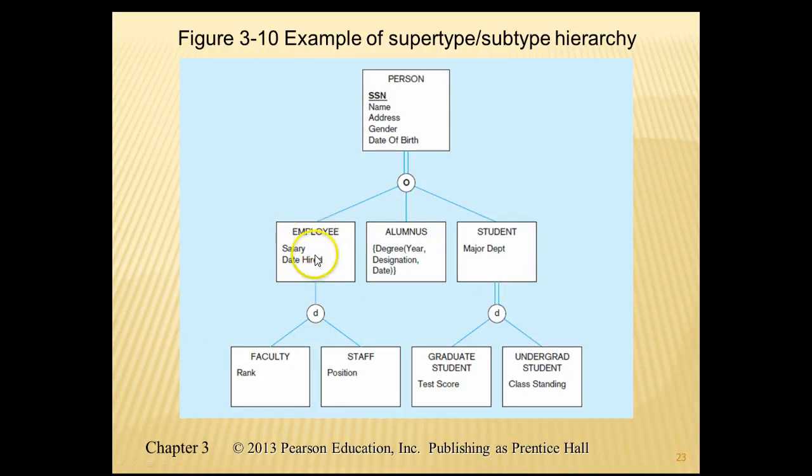Now notice also that if an employee is going to be faculty or staff, there is a disjoint rule here. That means that employee must either be faculty or staff, but it cannot be both. Now notice also under student we have a total specialization and a disjoint rule.